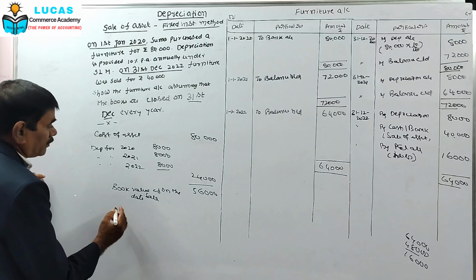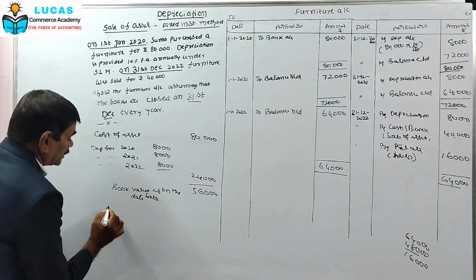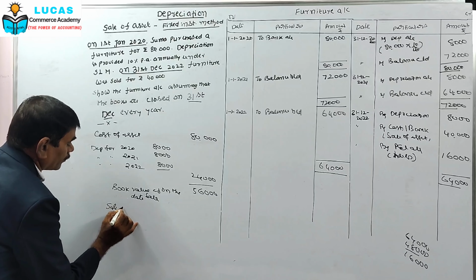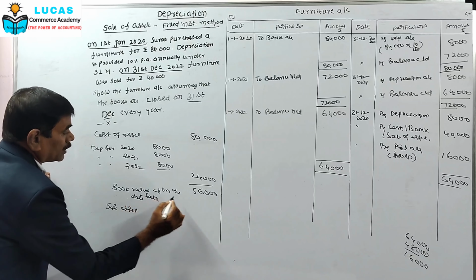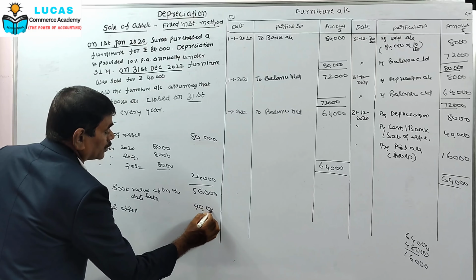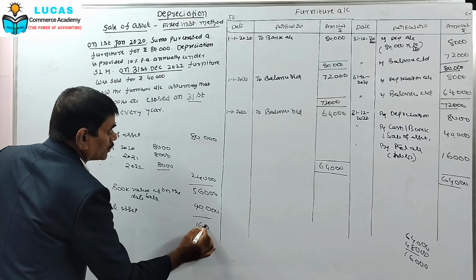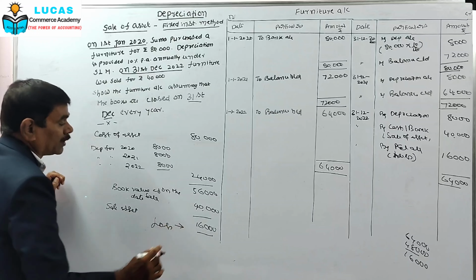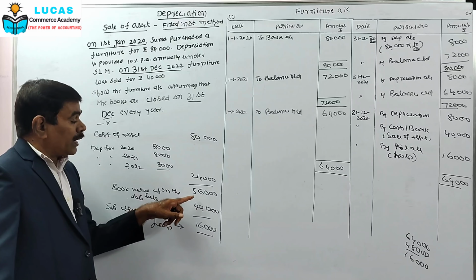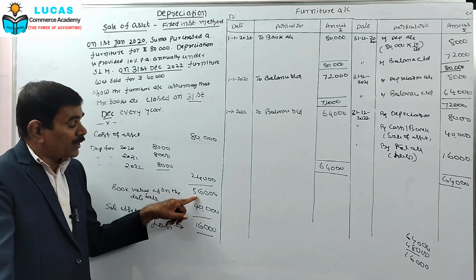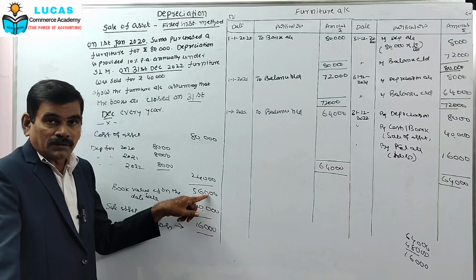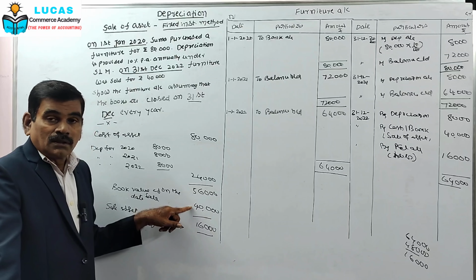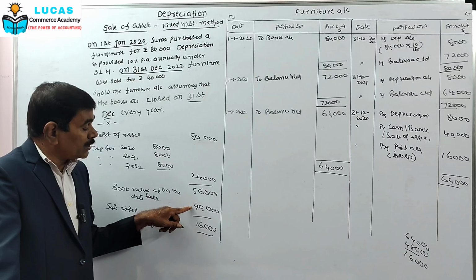Okay. So how much is the sale of asset? From this deduct the sale of asset. Sale of asset is 40,000. So the resulting figure is 16,000, which is to be taken as a loss. As per our books, the furniture is 56,000, but the furniture is sold for rupees 40,000.